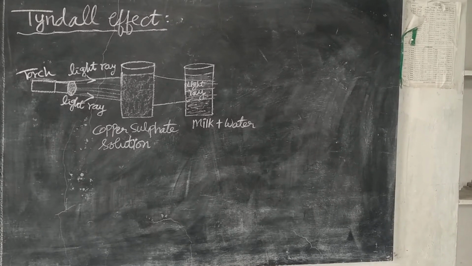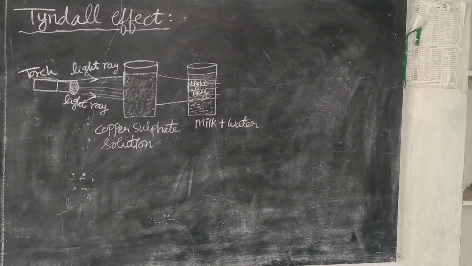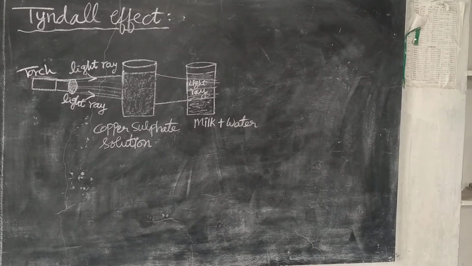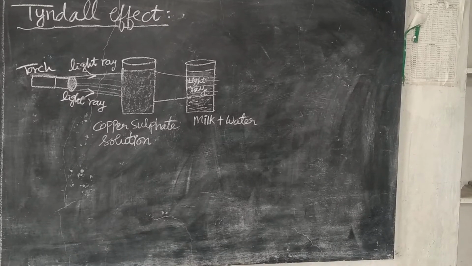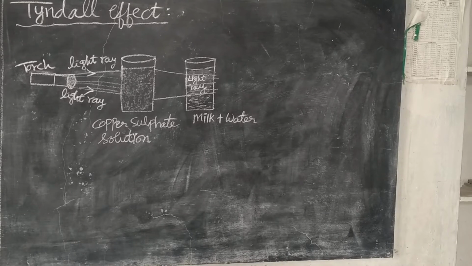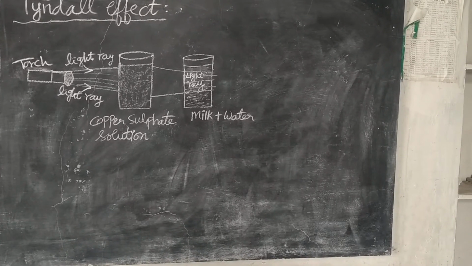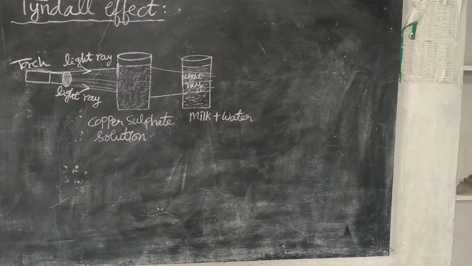scatter the light. On the left side you see a torch. When you switch on the torch, the light rays fall on the beaker. First beaker, copper sulfate solution.